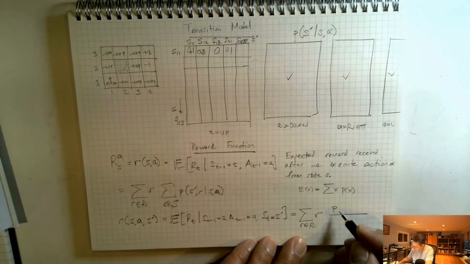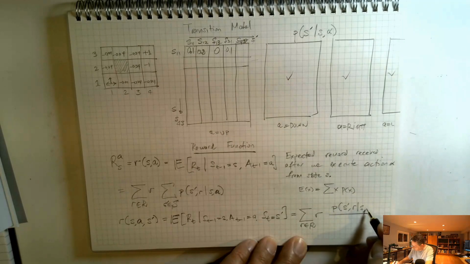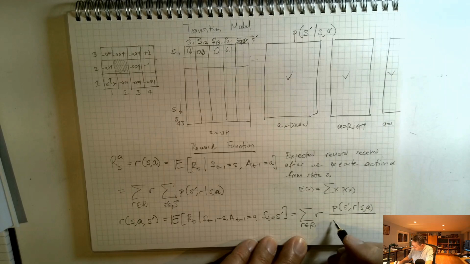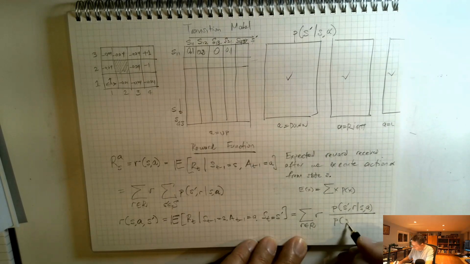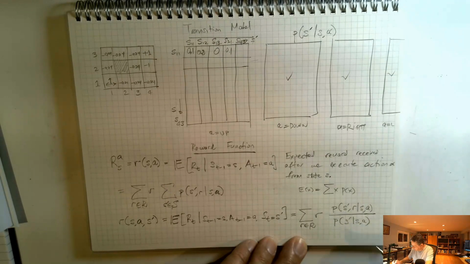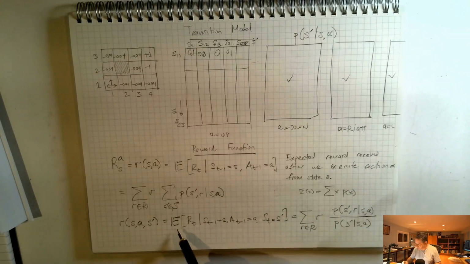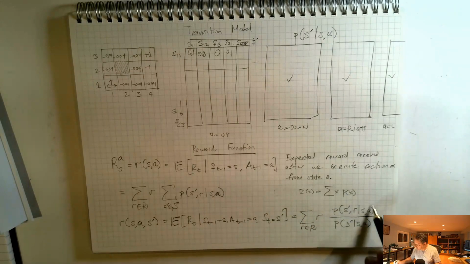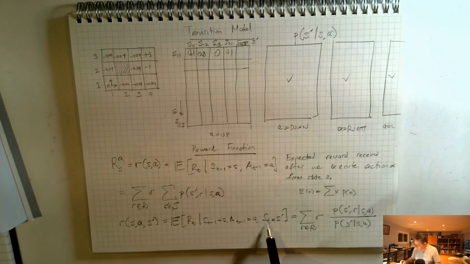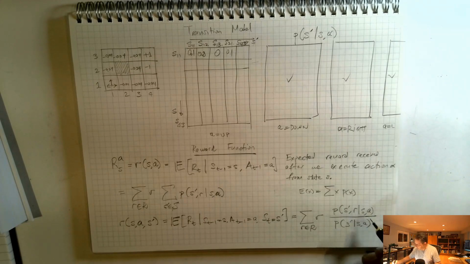So we will write the conditional in the usual way as the joint p of S prime comma r given S comma A, divided by p of S prime given S comma A. So the first term here we understand from the definition of an expectation operation. The second term is a conditional that involves the S prime. So effectively the conditional will be the joint divided by the marginal of S prime. And that's basically how we ended up with this expression for the reward function.